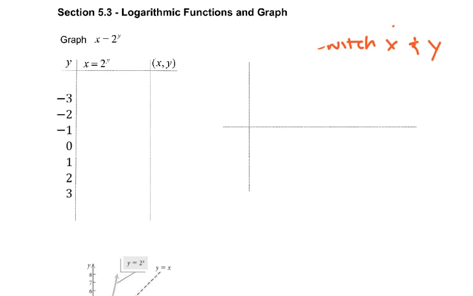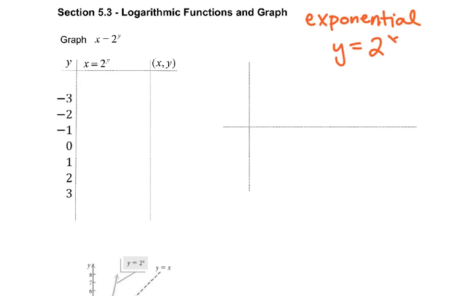We also talked about exponential graphs, and graphing an exponential function, that's y equals 2 to the x. All right? So an exponential function graph looked roughly like this. It had a horizontal asymptote at y equals 0 and a y-intercept of (0, 1).